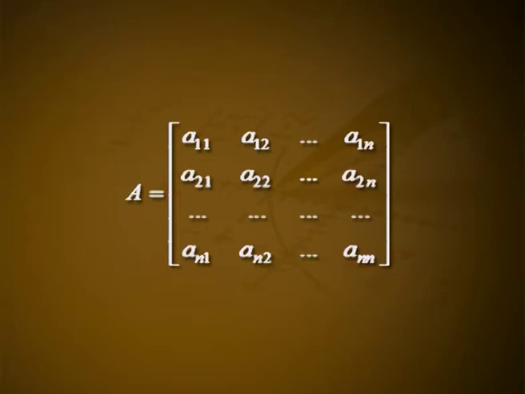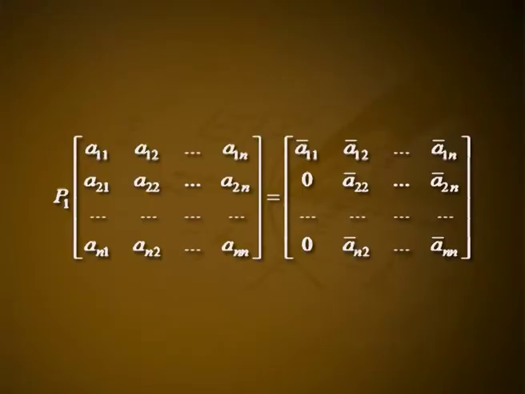That is, if A is the matrix with rows a11, a12, etc., a1n, a21, a22, etc., a2n, etc., an1, an2, etc., ann, P1 is such that P1 into this matrix equals the matrix with rows a11 bar, a12 bar, etc., a1n bar, 0, a22 bar, etc., a2n bar, etc., with the last row 0, an2 bar, etc., ann bar.